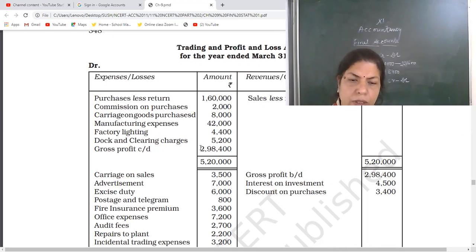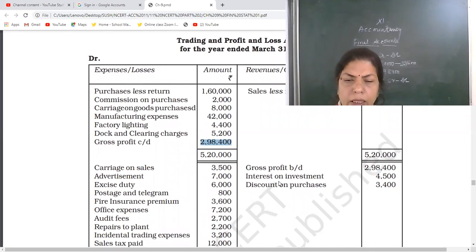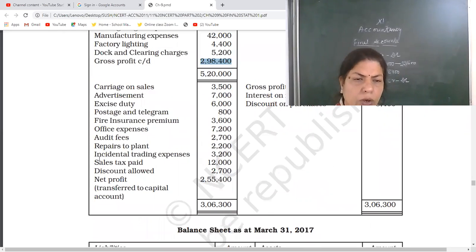Then how to calculate gross profit, I told you: credit total minus all items of debit. Then this gross profit you will transfer to this side, add all the income receipts and deduct all the expenditures. Then you can come to know the net profit, and net profit is to be transferred to capital account.